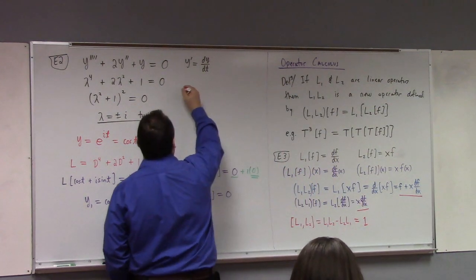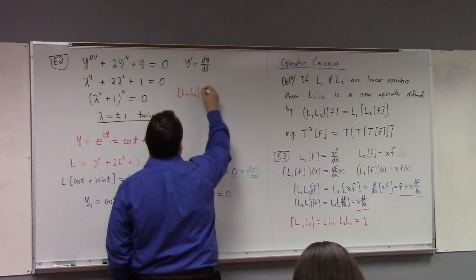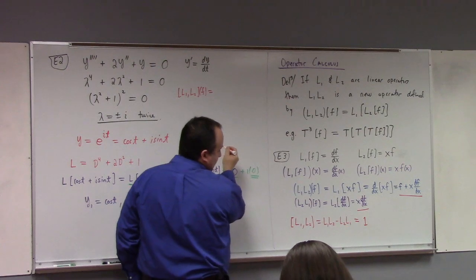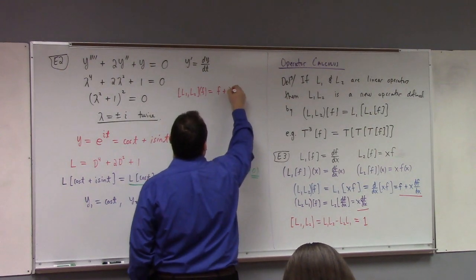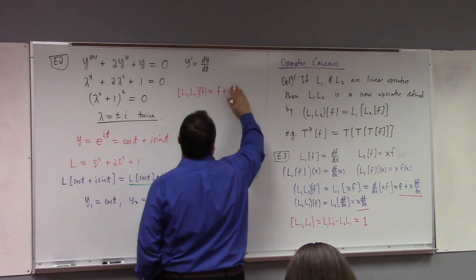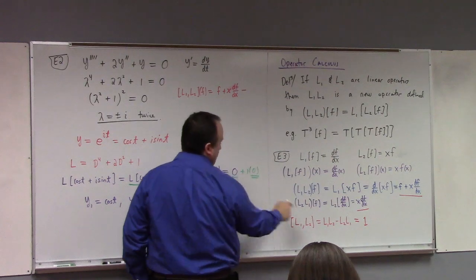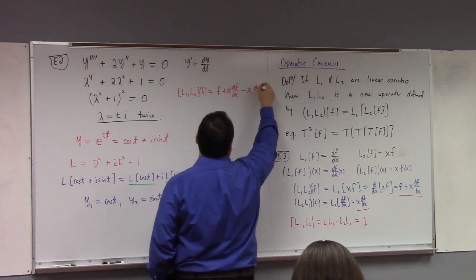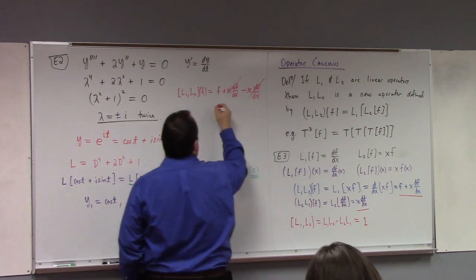The commutator of L1 L2 acting on F is equal to L1 L2, which was F plus x df dx, and then minus L2 L1 acting on F, which was x df dx. So those pieces cancel, and it just leaves you F.